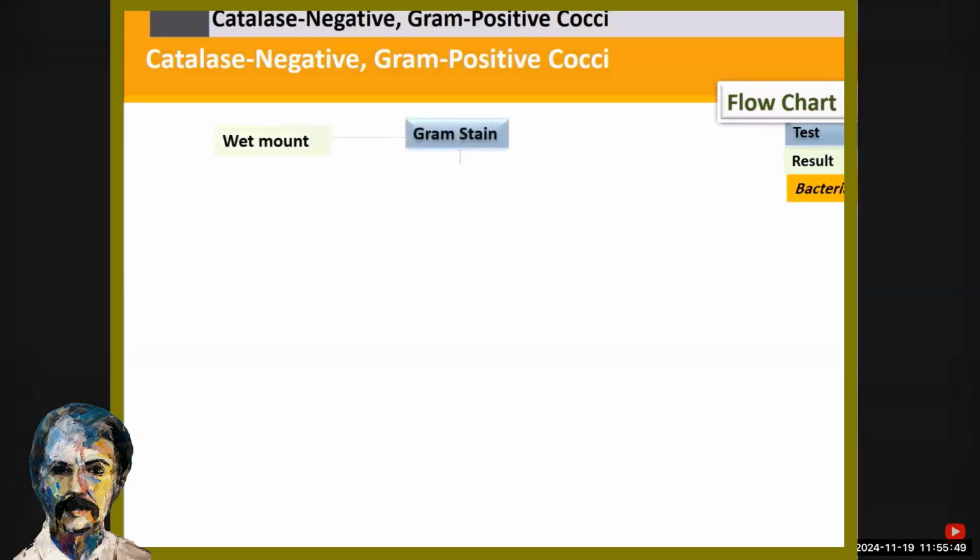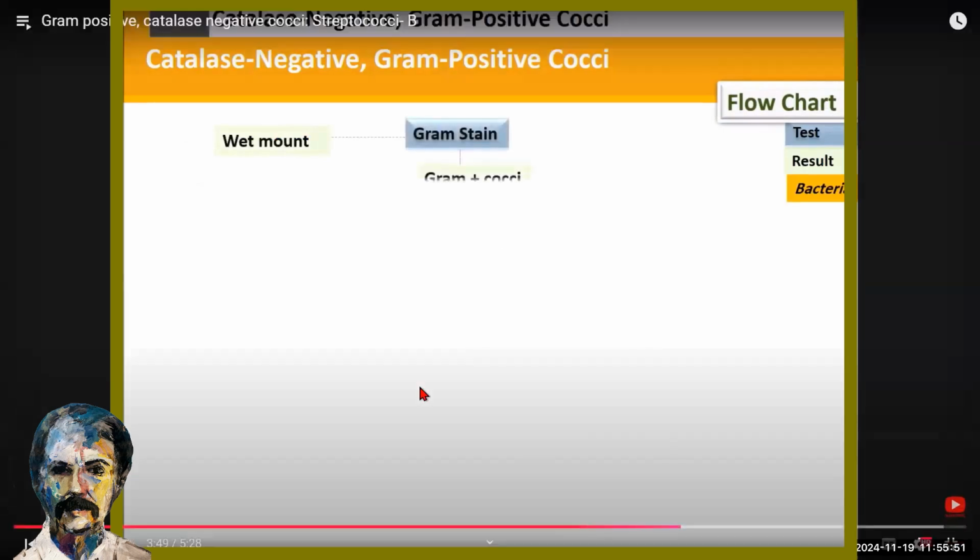Flow chart. You remember when we talked about the flow chart for gram-positive cocci? Every time we started with gram stain. And here it's the same story. We should start with gram stain all the time. It will be very helpful if you also do the wet mount to rule out yeast.